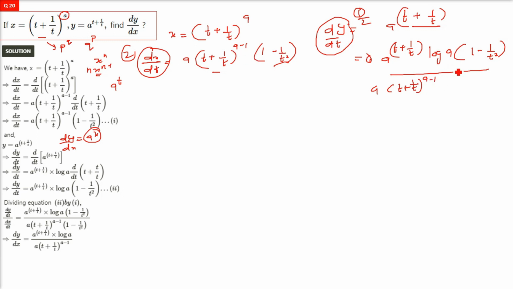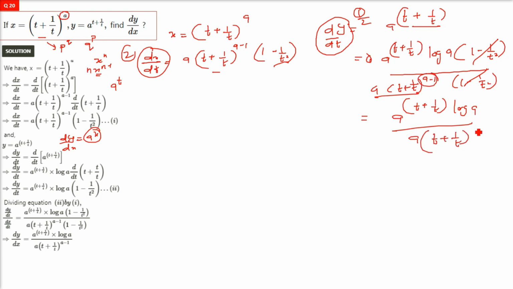Since this 1 minus 1 by t square is similar, you can cancel them out. Then you will have a to the power t plus 1 by t log a, and in the denominator you have a times t plus 1 by t to the power a minus 1. Now this is the same thing which we wanted. This is the answer.